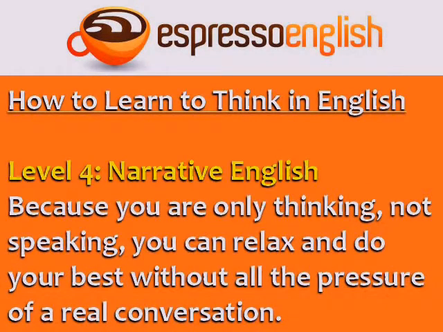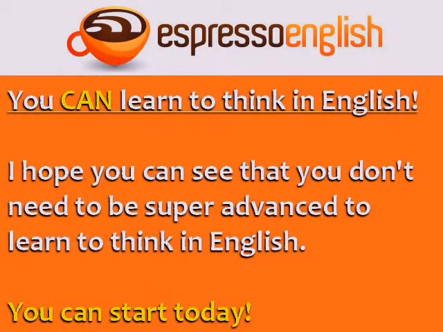Because you are only thinking, not speaking, you can relax and do your best without all the pressure of a real conversation. I hope you can see that you don't need to be super advanced to learn to think in English. You can start today.